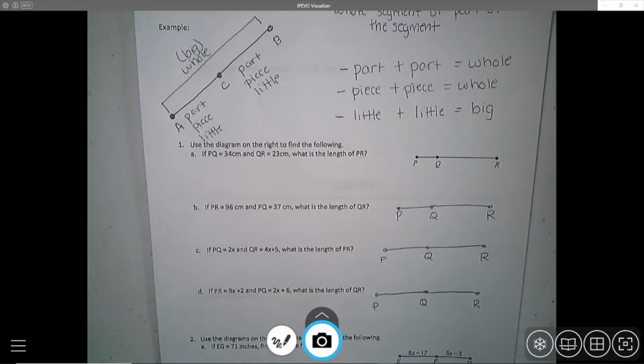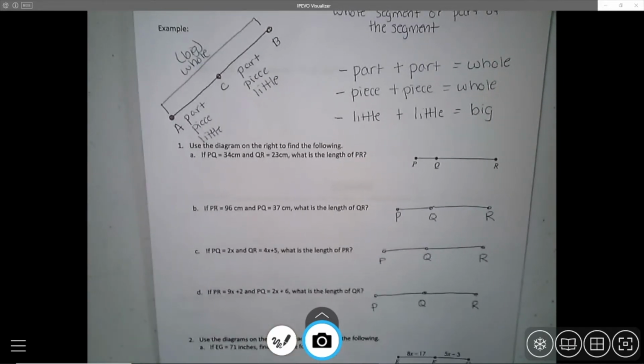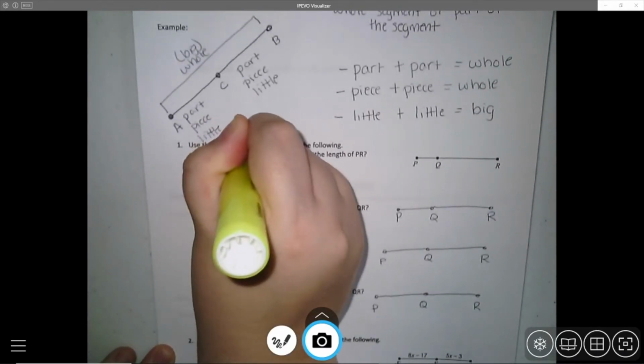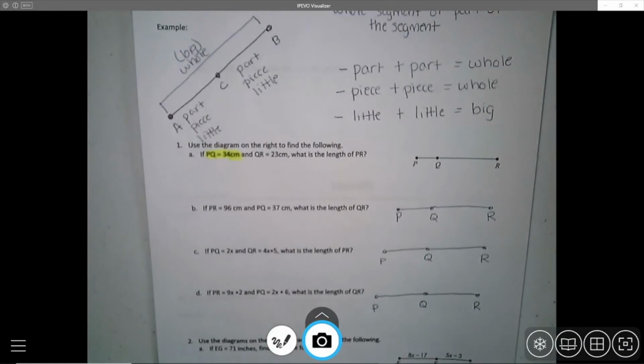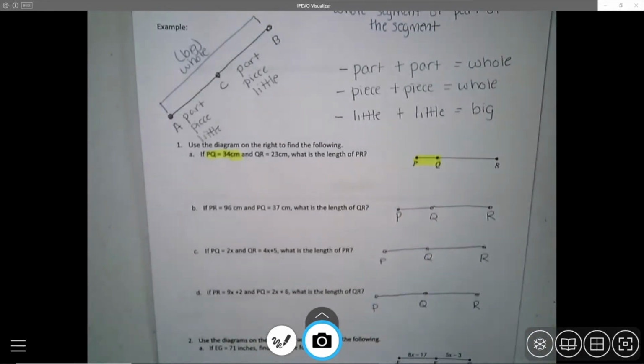The next big thing in geometry is to take the given information and put it on your picture. So if I look here at 1A, one piece of given information, and I'm going to highlight it, is they tell me PQ is 34 centimeters. I've highlighted PQ.